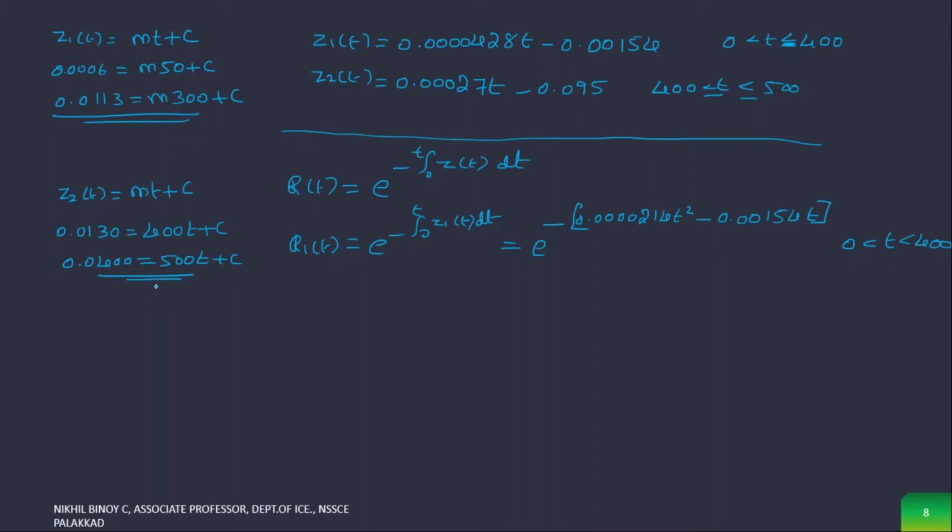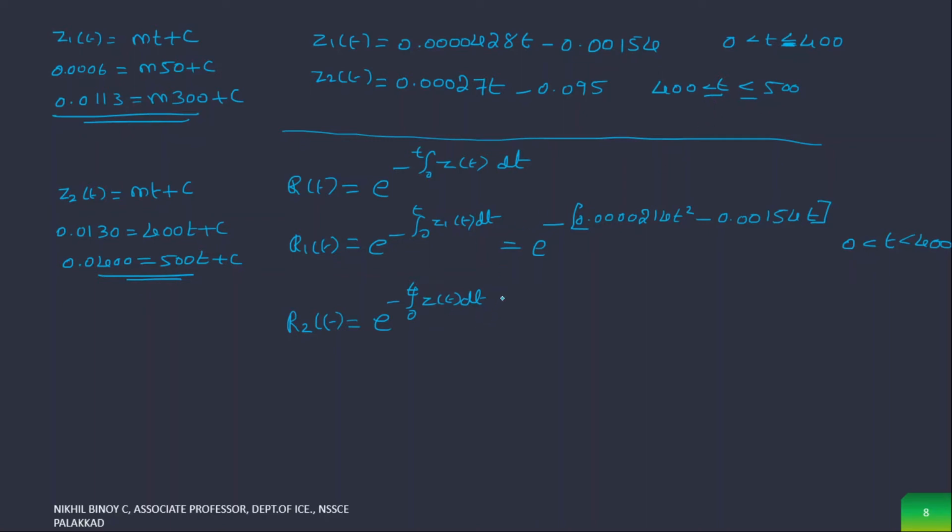Now what about R2 of t? R2 of t is again e raised to minus integral 0 to t of Z of t dt, where t is lying between 400 and 500. The starting point is 0, but t lies between 400 and 500, so we have to split this.